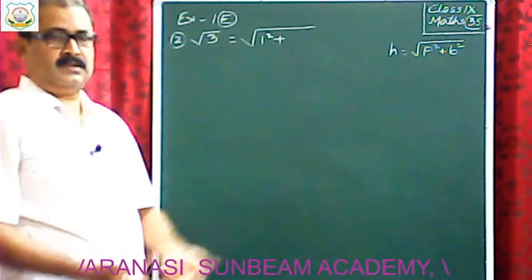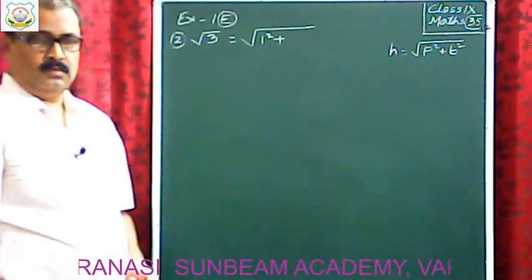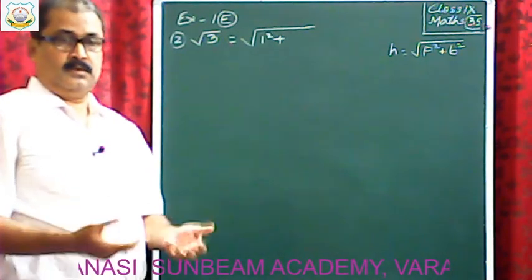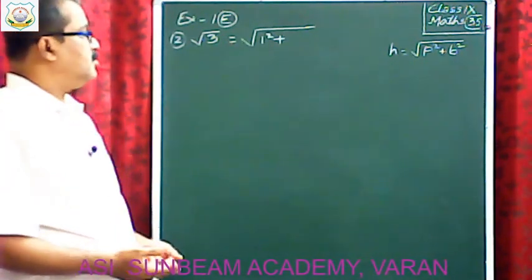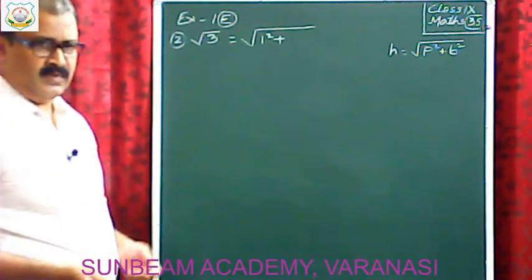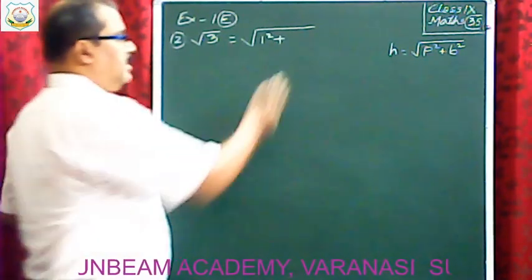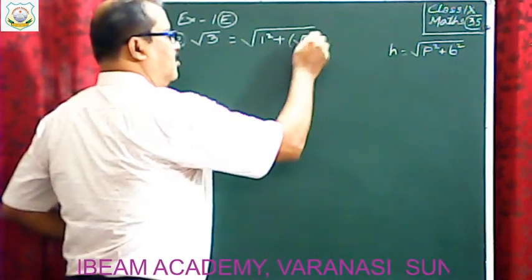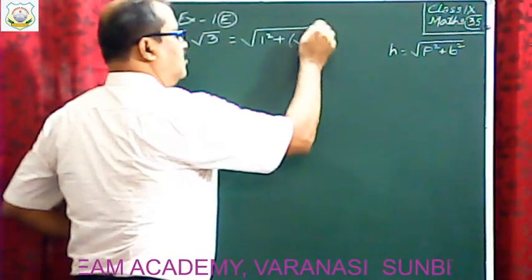So whose square is 2? Square of which number is 2? 2 is not a perfect square number. Write in this way: square root 2 whole square is 2.